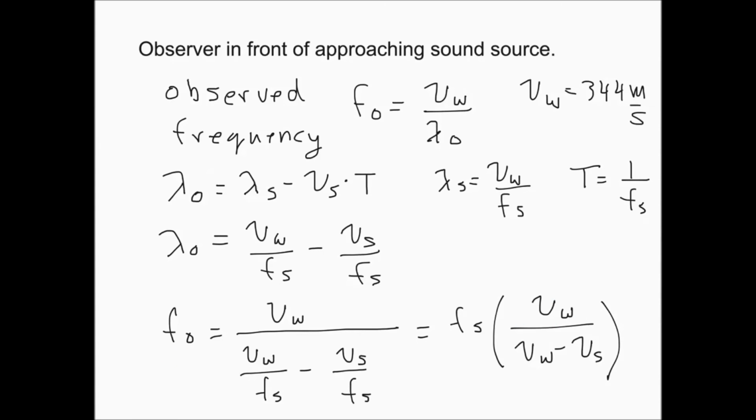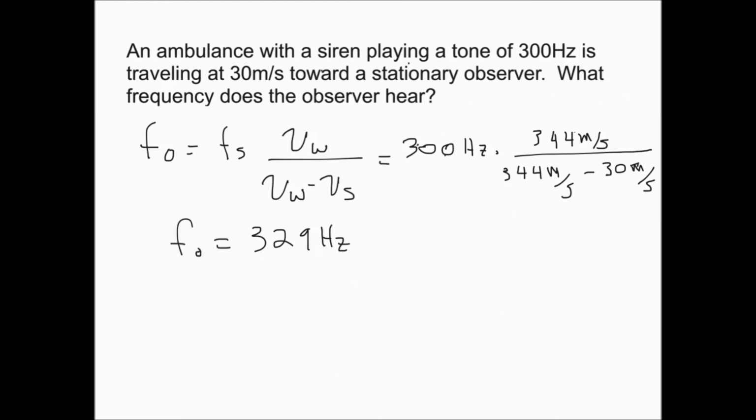So we'll look at an example now. Here's a simple example. An ambulance with a siren playing a tone of 300 hertz is traveling at 30 meters per second towards a stationary observer. This is just what we've been talking about over the last few pages. What frequency does the observer hear? Then we're looking for this frequency. Well, here's our formula.